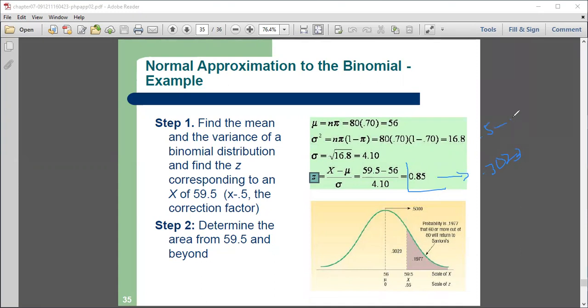If we subtract 0.3023 from this value, it will be equal to 0.1977.